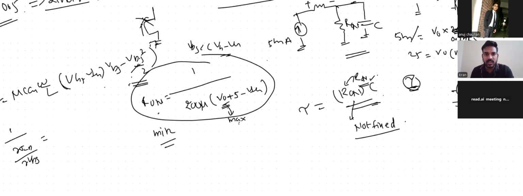For this circuit only, or generally? I mean to say, if we find del Id by del Vds, then usually it boils down to some constant times Vgs minus Vth minus Vds.